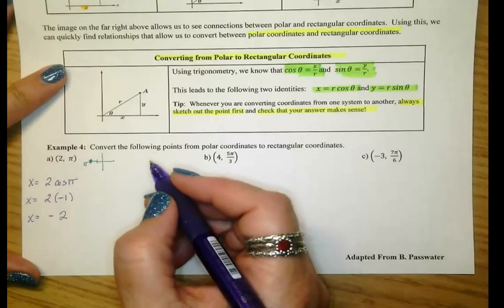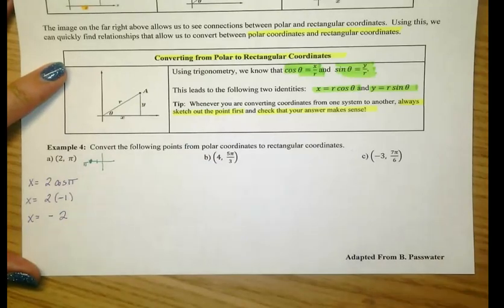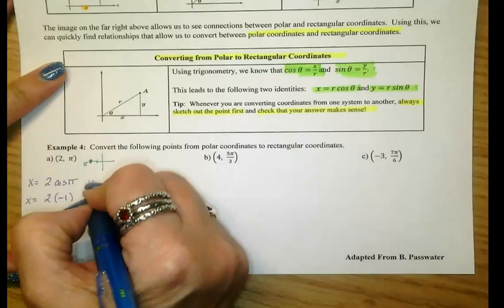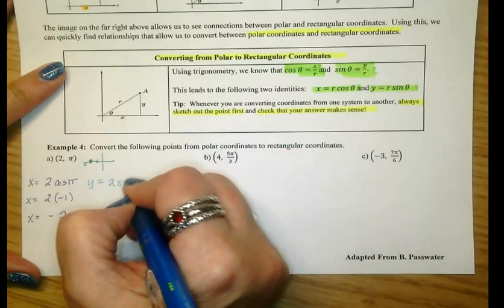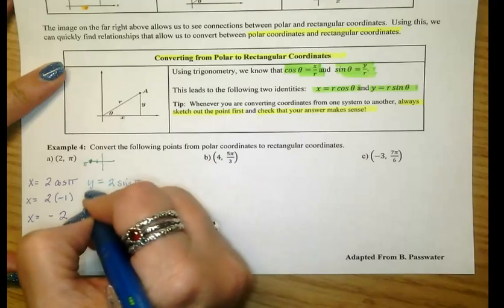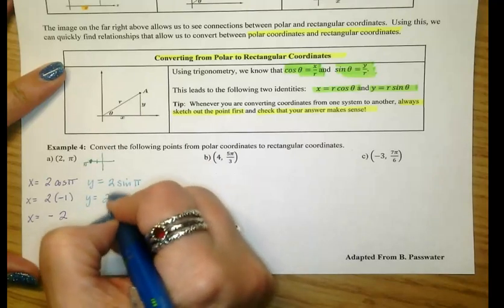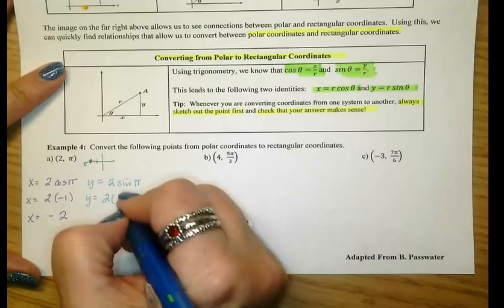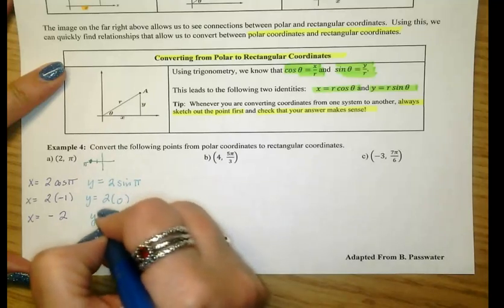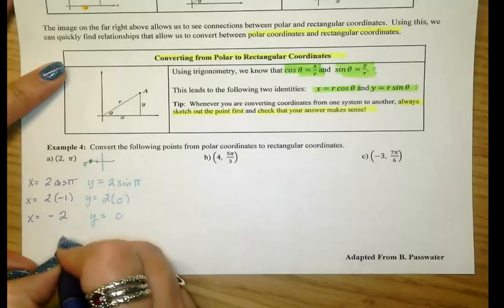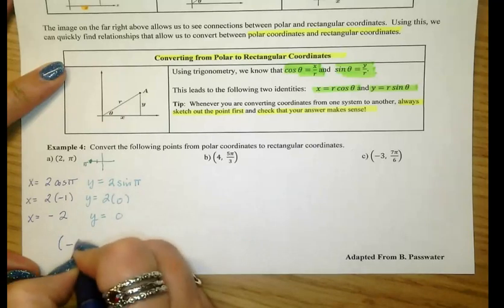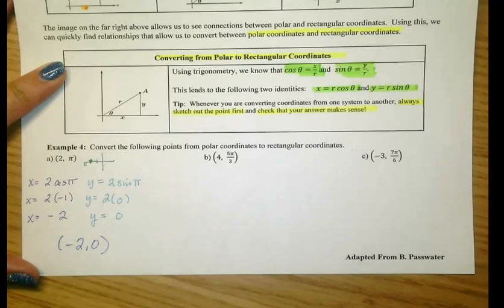All right, so then to do our y, y equals, and the radius is again 2, but this time it's sine pi. So I'm going to have 2 times, and what is the sine of pi? It's 0. So y equals 0. What I just found is the coordinate point in the rectangular system, which is (-2, 0).